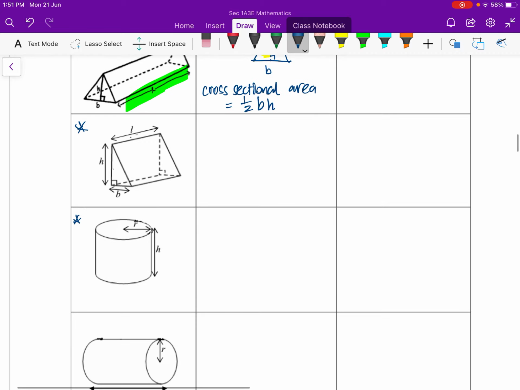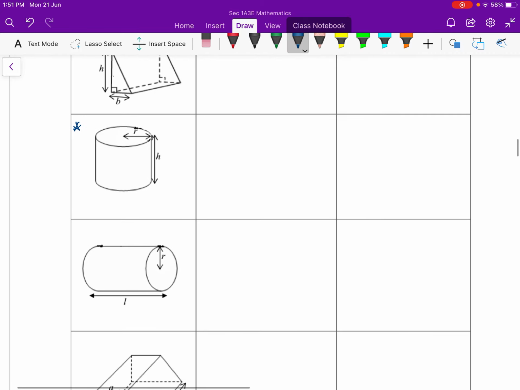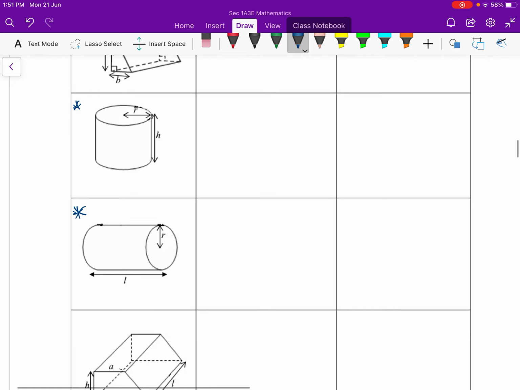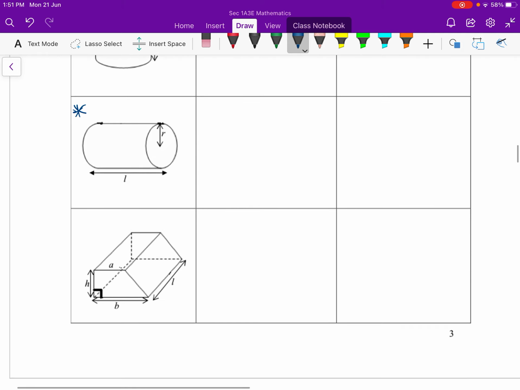This was already done previously. This is just a rotation of the cylinder, and I'll just talk a bit about the last one. This is a trapezoidal prism. The cross-sectional area is a trapezium.